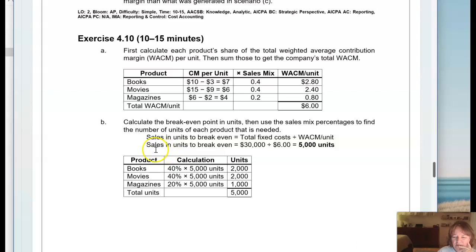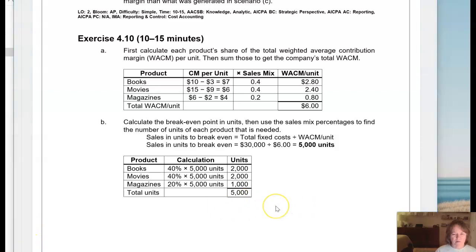So sales in units to break even would be 30,000 divided by $6, or 5,000 units. If 5,000 units is the total, then the way this breaks down is 40% of 5,000 is 2,000 units of books, 2,000 units of movies, and 1,000 units of magazines.